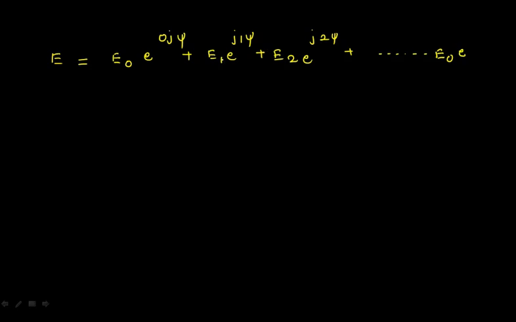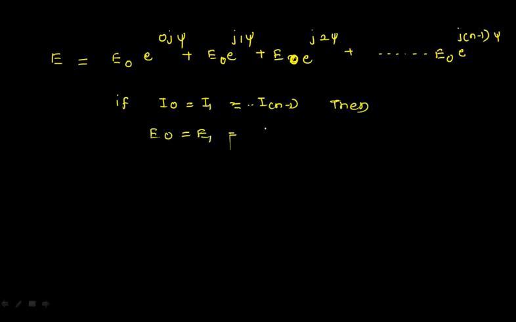Sorry, your amplitudes are equal, that's why I'm considering this as E0. Whenever you are feeding elements with equal amplitude currents, the resultant amplitudes will be equal. If I0 is equal to I1 is equal to I n minus 1, then my E0 is equal to E1 is equal to, up to E n minus 1. So you can consider these as equal amplitudes, but you can't comment on the phase shift of the received field.